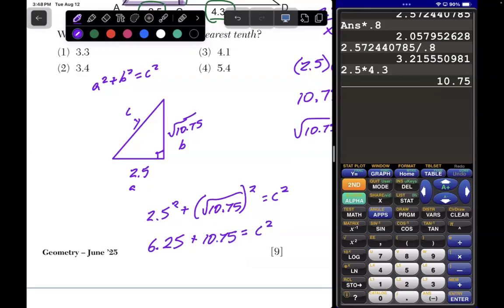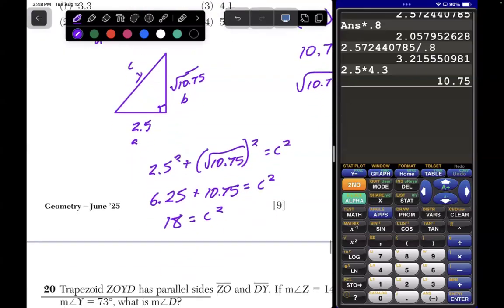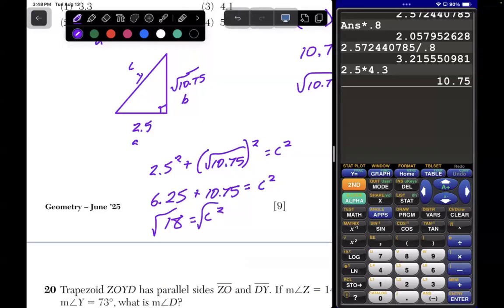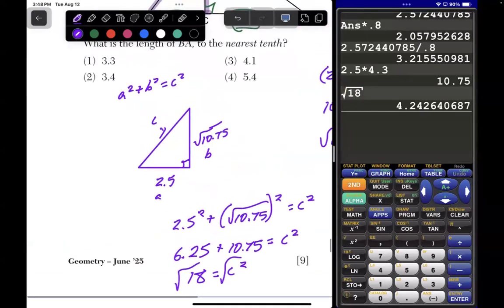So that's going to be 18 equals c squared. Take the square root of both sides. What is the square root of 18? 4.24. What did I do? I think I made a mistake. Oh, it's 17, not 18.